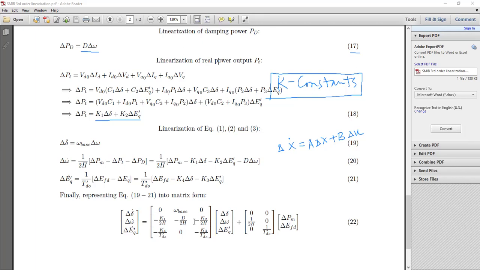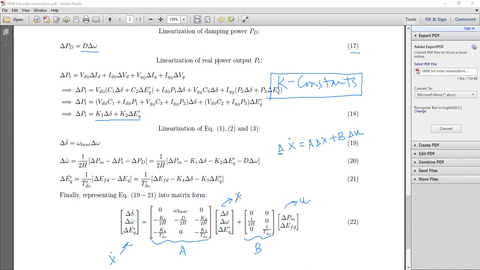Now you do the matrix and vector multiplication. So this over here is our A matrix and this is our B matrix. This is the X vector, this is the U vector, and this is X dot. Of course, I am dropping the delta term over here.